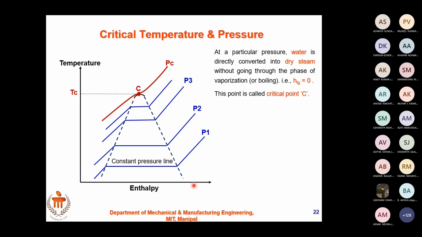Thermodynamics can be studied at a molecular level or at a macroscopic level. When you study thermodynamics at a macroscopic level, you see only the visible parameters, which are the change in pressure, change in temperature and all. If you study thermodynamics at a microscopic level, you actually see how the atoms and molecules behave within the system.